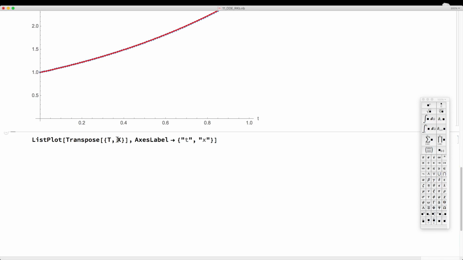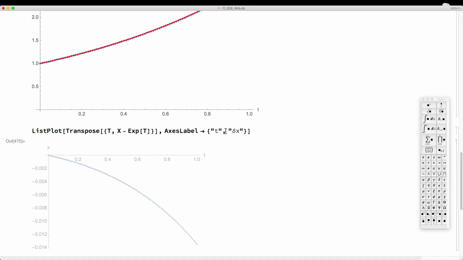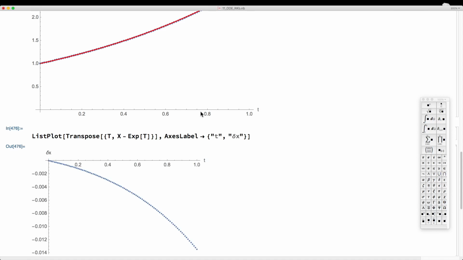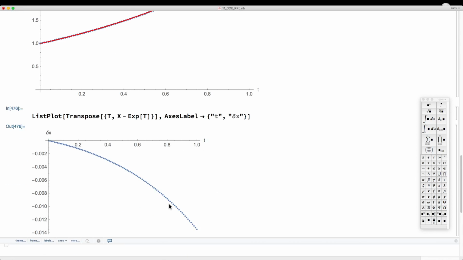So I can simply subtract this from the numerical solution, and I should change the label here to be delta x, because this is the error in x, and you can see now that the error is around 10⁻³ or 10⁻², and it increases as time goes by, which is what we would expect for a first order method like this.